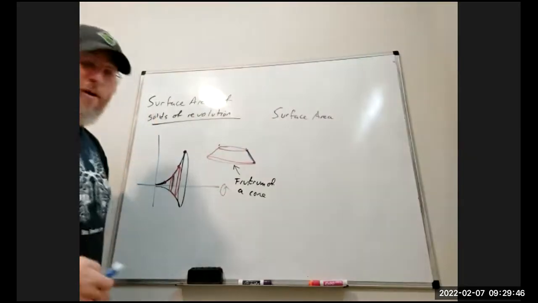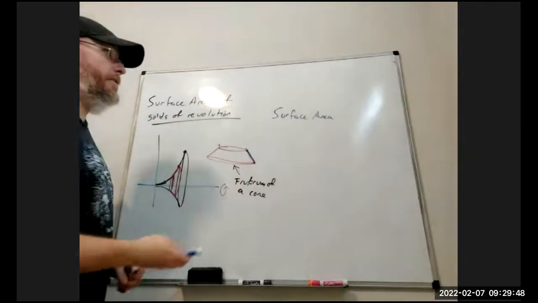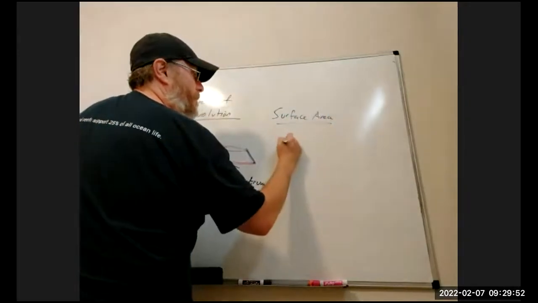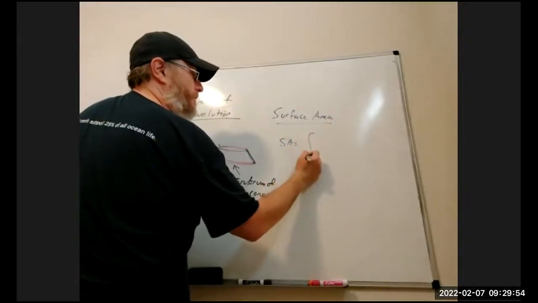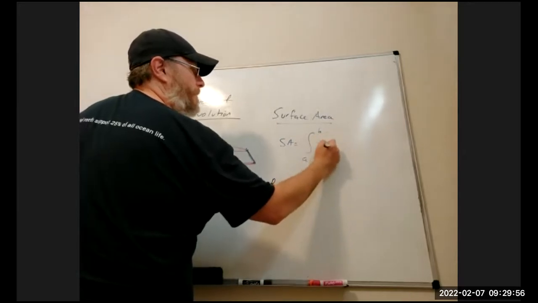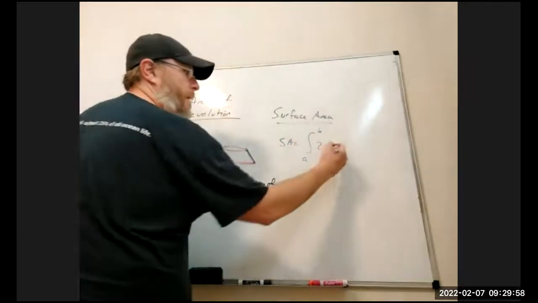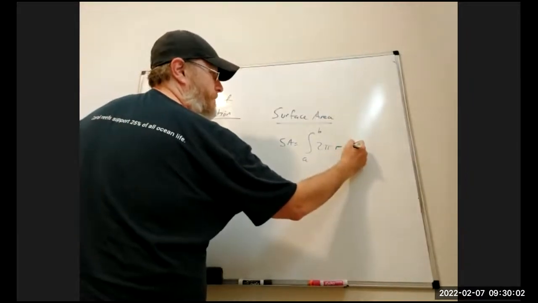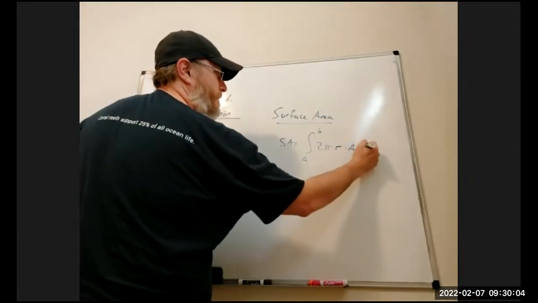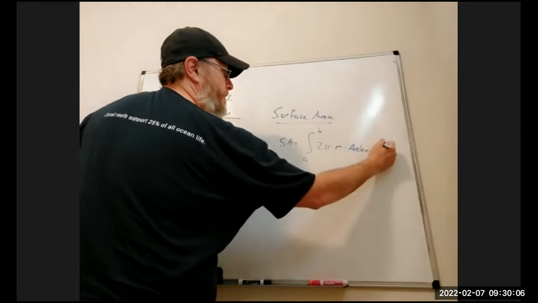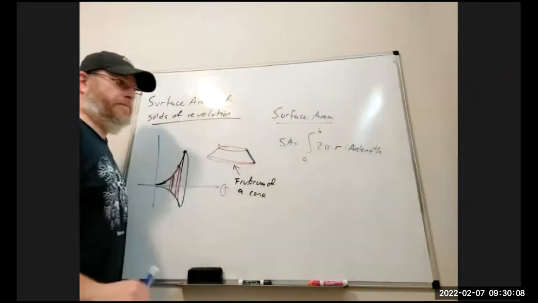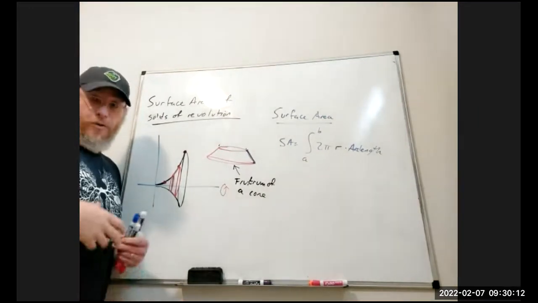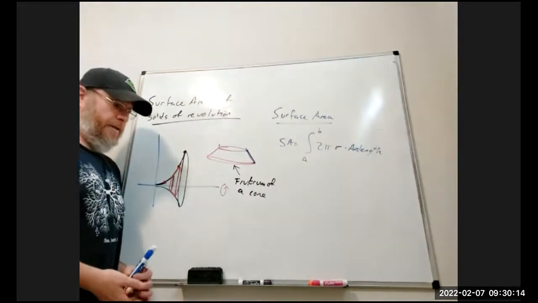It's going to be 2 pi r times the arc length. So the formula for it is going to be an integral from a to b. We're going to put here 2 pi r times the arc length. So there's kind of our general in-words formula.